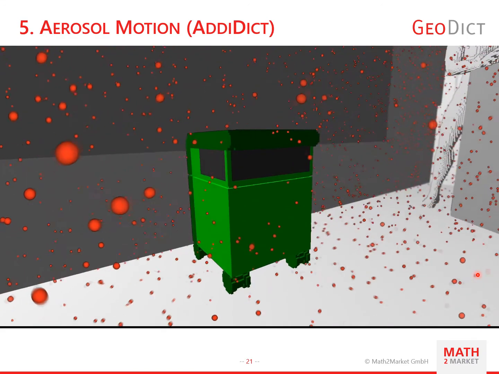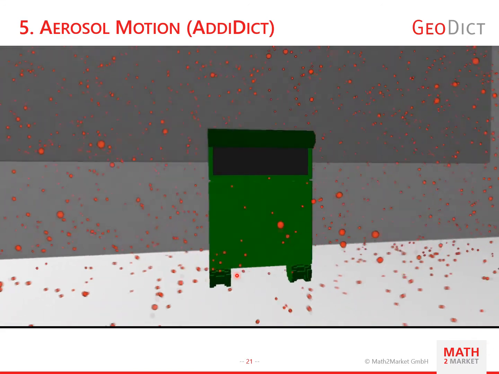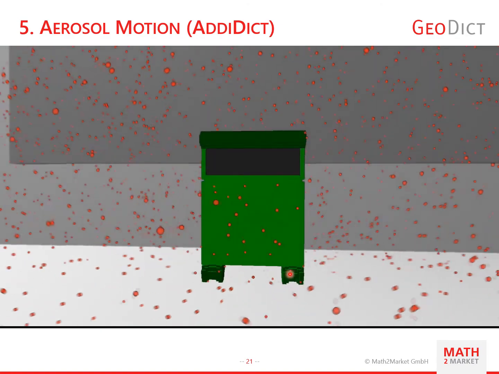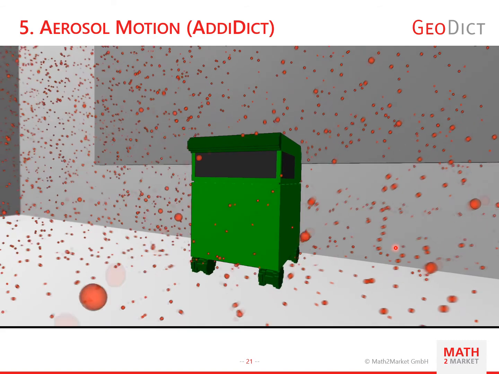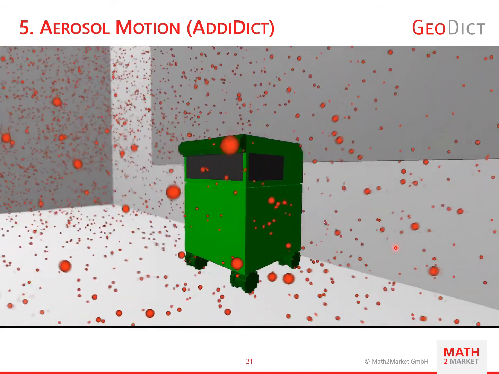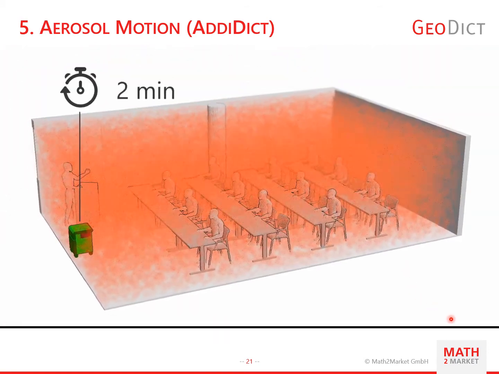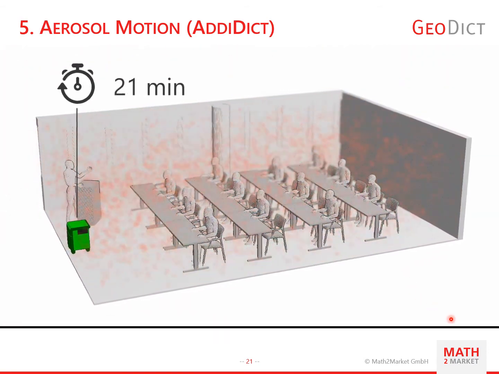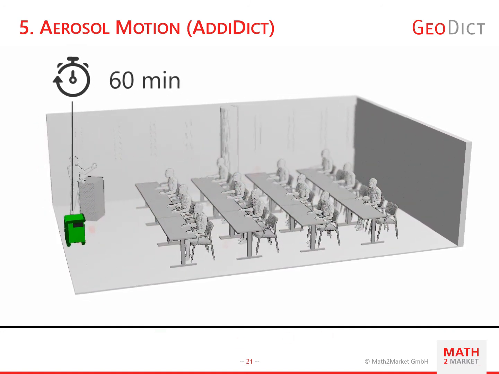So the suction side is here at the bottom of the air purifier, and the outlet is here on the top. And of course, the time required for minimizing the aerosol concentration in the room is the key factor for choosing the appropriate air purifier and also its best location in the room.